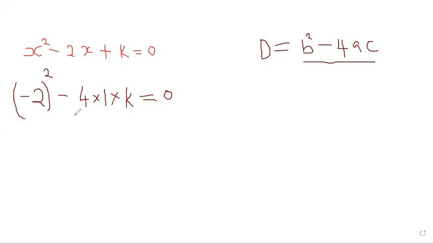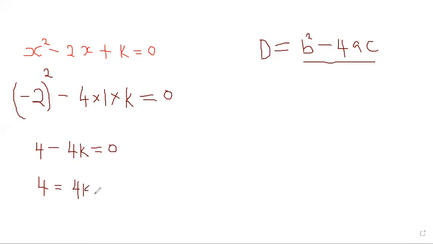So let us evaluate. This will give me 4. Remember, minus squared will be plus, so everything becomes 4. And minus 4 multiply 1 is 4, times k is 4k, equals to 0. Can you see that now? So now, if I take the 4 to the other side, it becomes plus, so 4k.